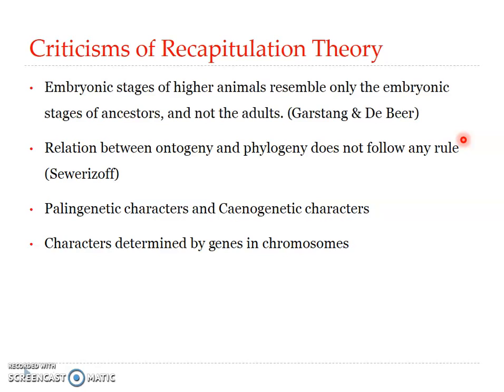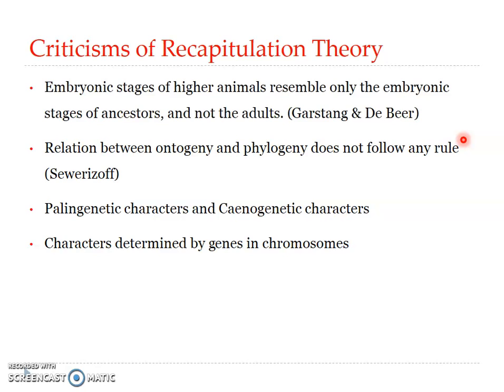Now, what are the criticisms and present status of the recapitulation theory? Unlike Haeckel's view, von Baer's rule states that the embryos of higher animals resemble only the embryos and not the adults of lower animals. And this was supported by people like Garstang and de Beer.